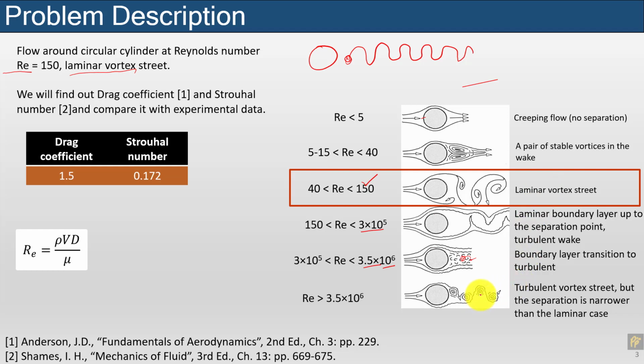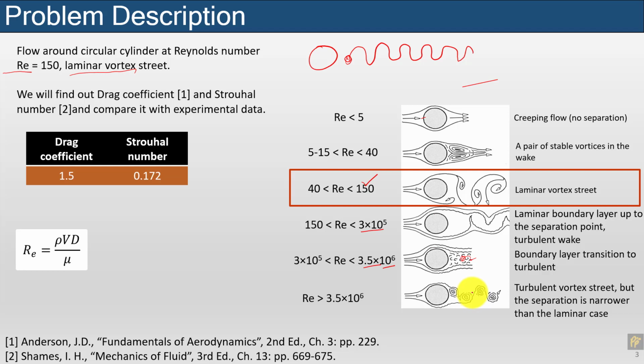And the turbulent vortex is dominated by multiple scales of vorticity, meaning the vorticity will have different sizes. In the case of laminar vorticity, the vortex has only one size. But in the turbulent case, the vortices will be of different sizes.